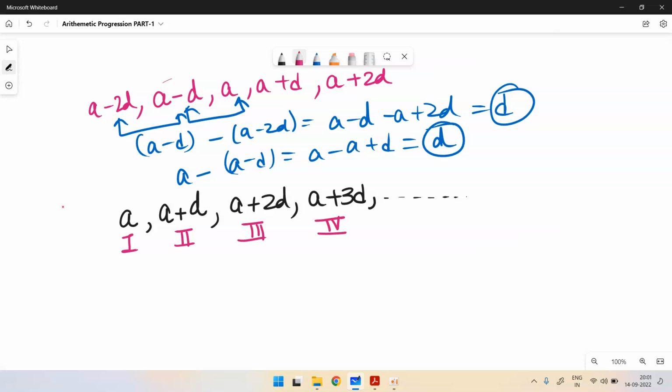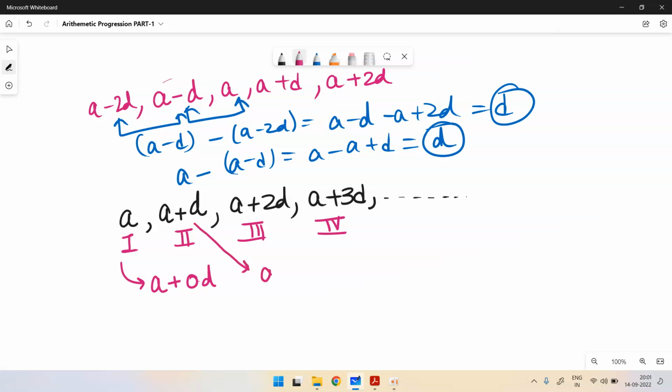Now the first term can be written as A plus 0D, 0 into D, because 0 into D is 0 and this is A only.